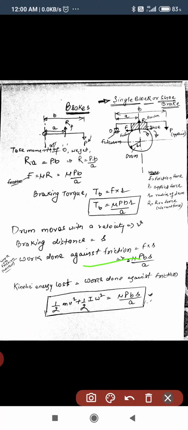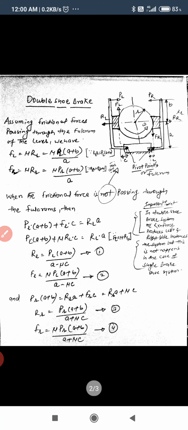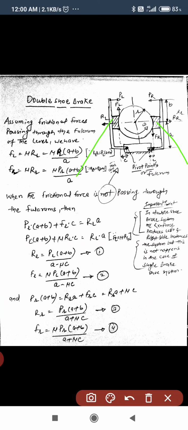that is double shoe brake. So what is double shoe brake? In the same manner I discussed the last, that is a shoe brake. So here we have this double shoe, this shoe in the left side, this shoe in the right side.